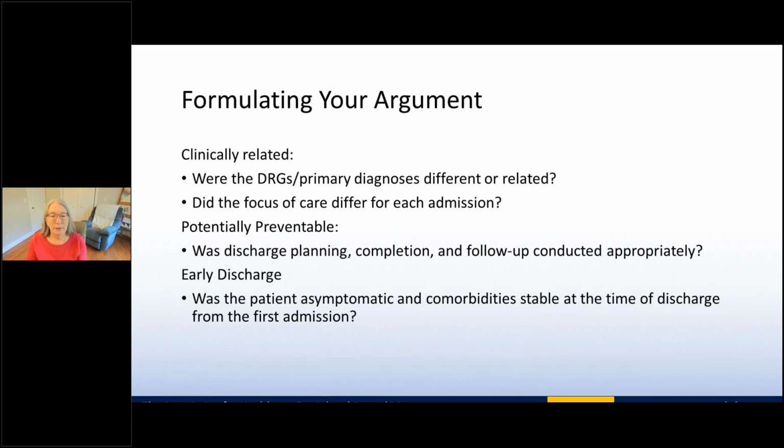Because of the coding system, you can come up with very similar DRGs, but the focus of care for each admission was different, which makes them really not clinically related. Potentially preventable, that's all about your discharge planning, the completion of the discharge, and follow-up. Was that all conducted appropriately? And then early discharge, as we talked about, the patient's symptomology and comorbidities, were they stable at the time of discharge from the first admission?